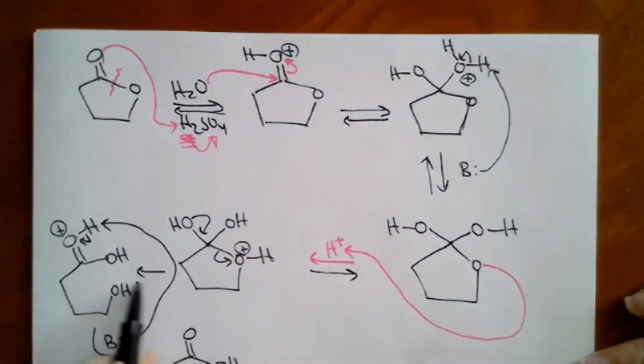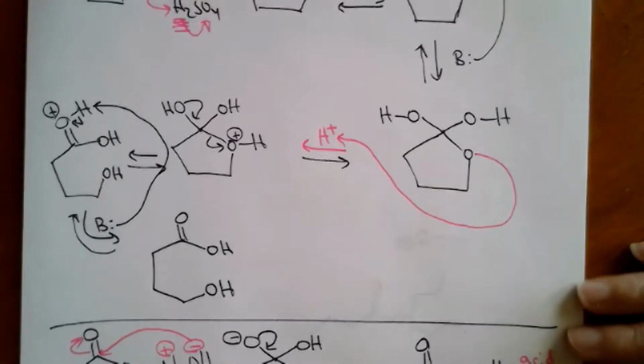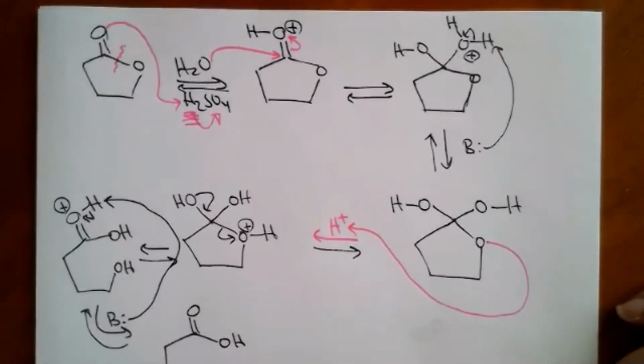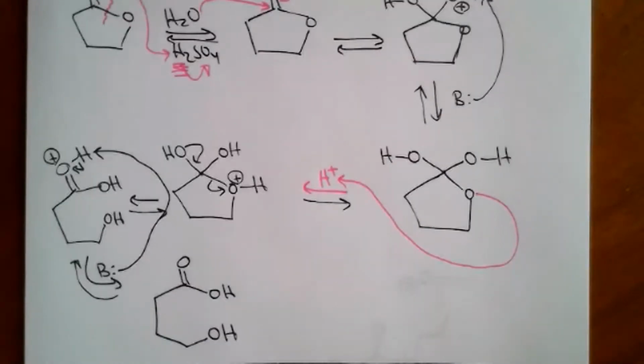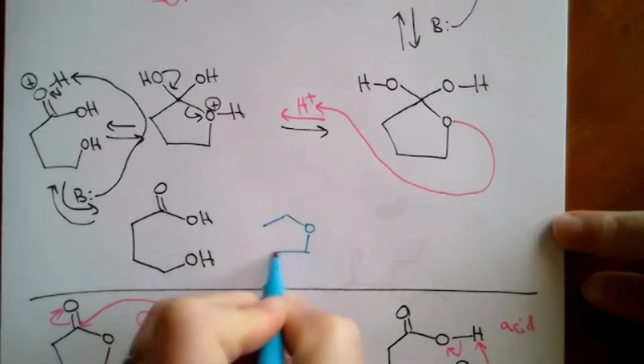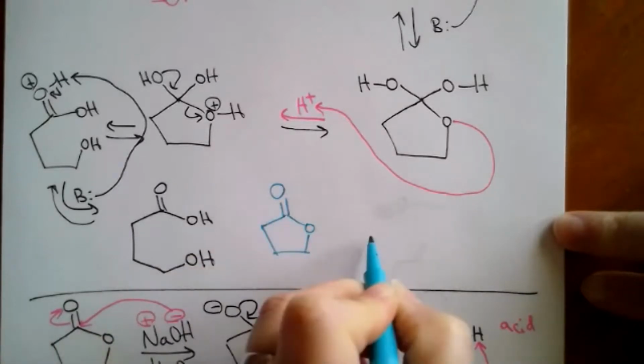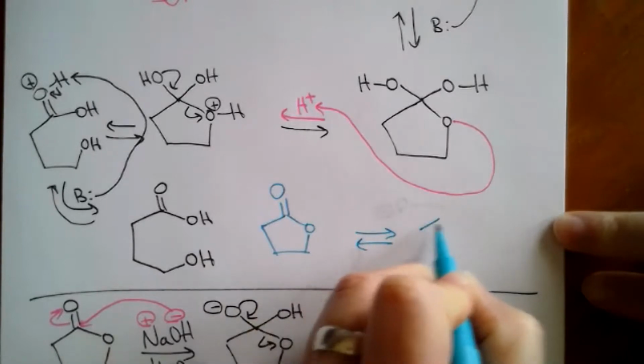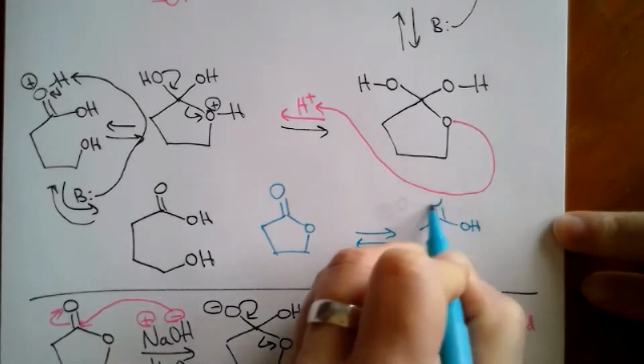The whole shebang is completely reversible. Every single step in here, completely reversible. What does that mean? Why do I care? Well, how do I favor the formation of products in a completely reversible reaction?